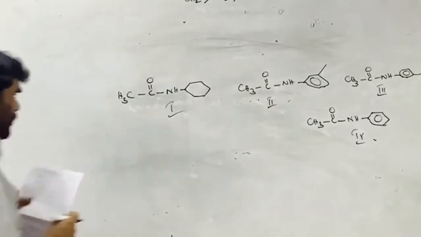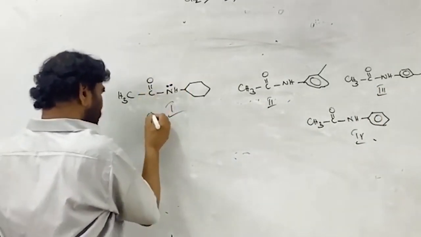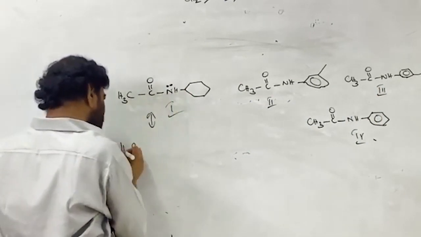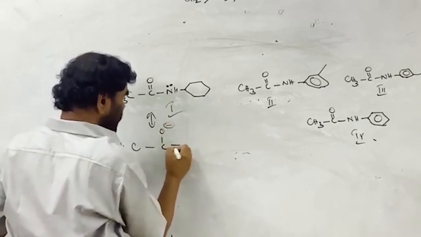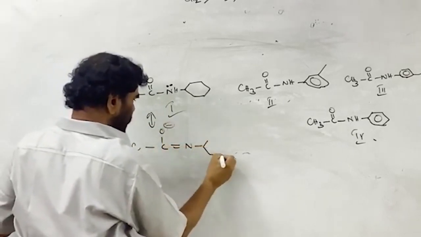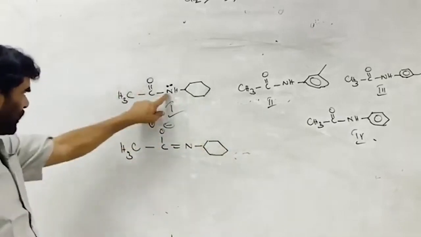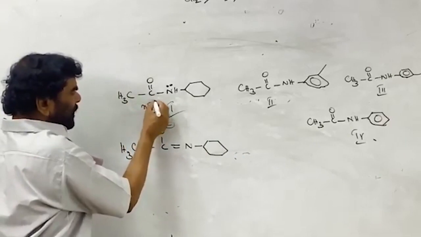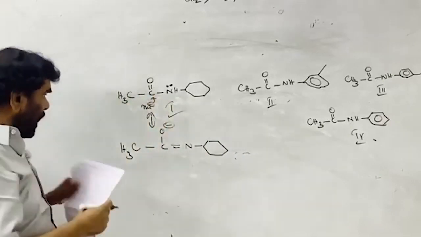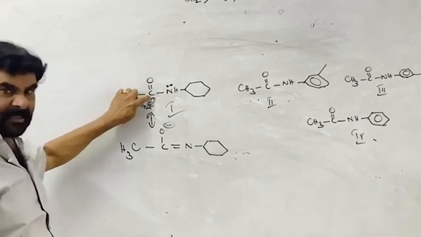See, here what happens? There is a resonance within the system, that is CH3, CO minus, double bond N plus. Actually, the nucleophile has to attack here, so the amount of positive charge present on this acyl carbon is important.